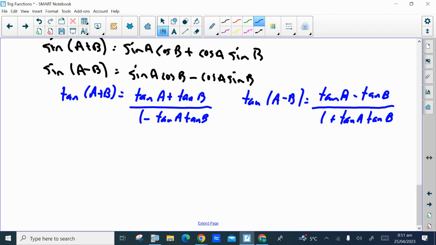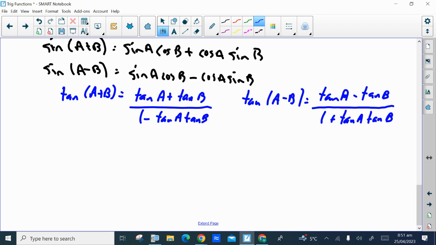We use them in 30-1 for a couple different applications. One of them was simplifying some expressions involving sum and difference of terms involving sine, cos, and tan. But the other application was finding the exact value of the sine, cos, and tan of angles that are not on the unit circle.